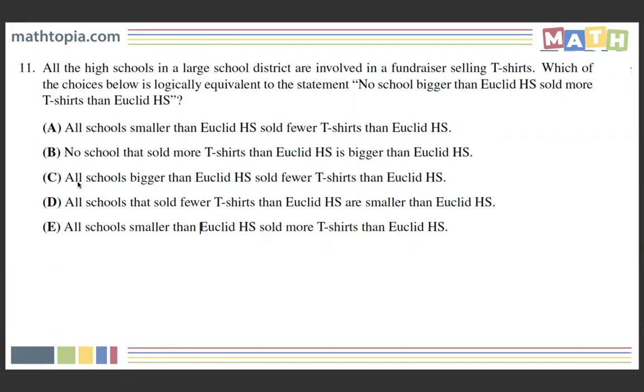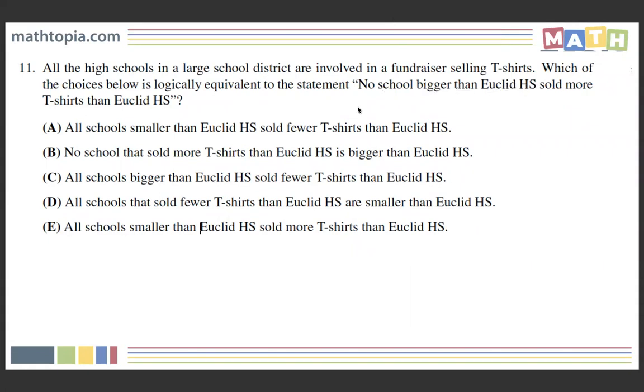Okay, well, let's also look at E because they have something in common. All schools smaller than Euclid HS sold more t-shirts than Euclid HS. So they're saying different things, but they're both talking about the schools smaller than Euclid HS. And the reason this is important is that the original statement is talking about schools bigger than Euclid HS.